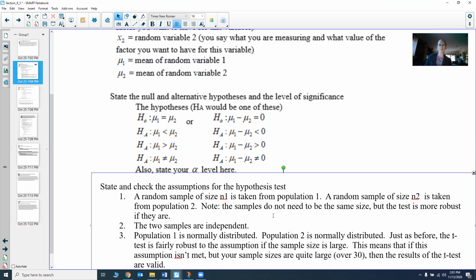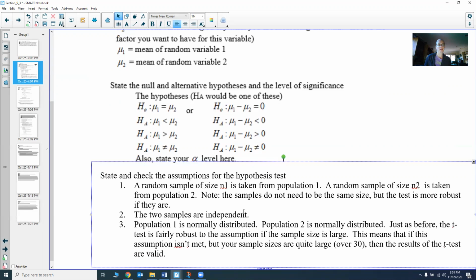You can take one sample that's much larger than the other. You have a more robust t-test if they are the same, but they don't have to be the same size. Sometimes that can happen where somebody drops out of your study, so your sample sizes would change.